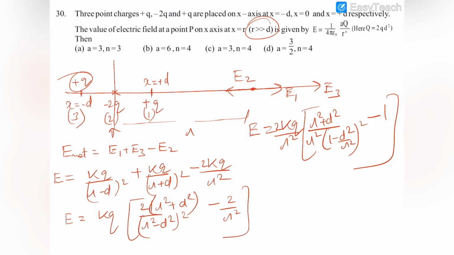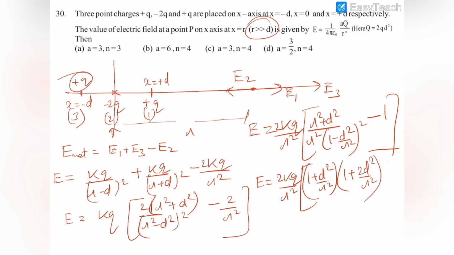Now I am taking this term in the numerator and I am applying the binomial theorem. So E would be equal to 2kq by r square, and this would be (1 plus d square by r square), and after applying the binomial theorem, you can see that it would be (1 plus 2d square by r square), and minus 1.